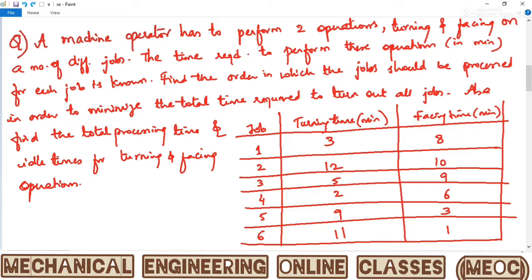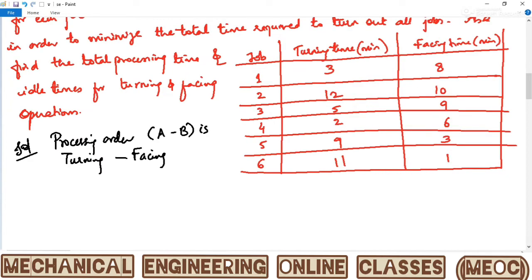So the processing order is turning and then facing for all the jobs. We will find the sequence of jobs, the order in which jobs should go to the first machine. The same order will go to the second machine. Finding the order in which every job should go to the first machine is the same order in which they all go to the second machine.